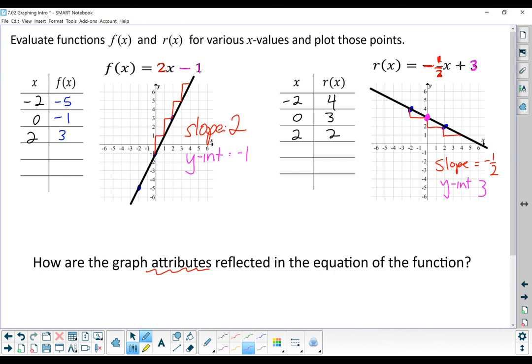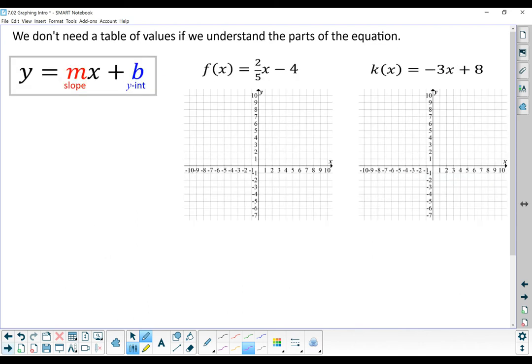So look at that. Look at how the slope and the y-intercept show up right in the equation. So in other words, you don't need to use a table of values if you understand the parts of the equation. When you're looking at an equation that is in slope-intercept form, you can go straight to graphing it without having to do a bunch of substitutions in a table.